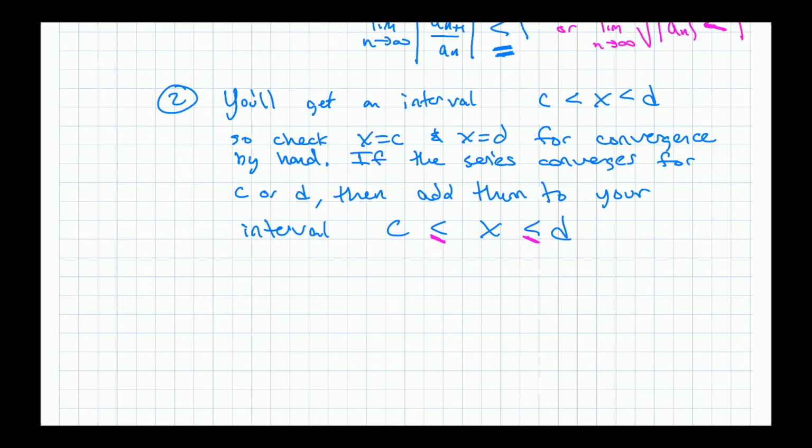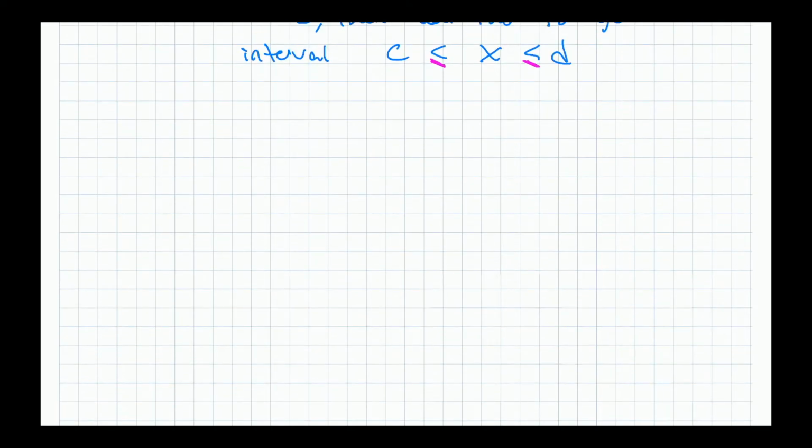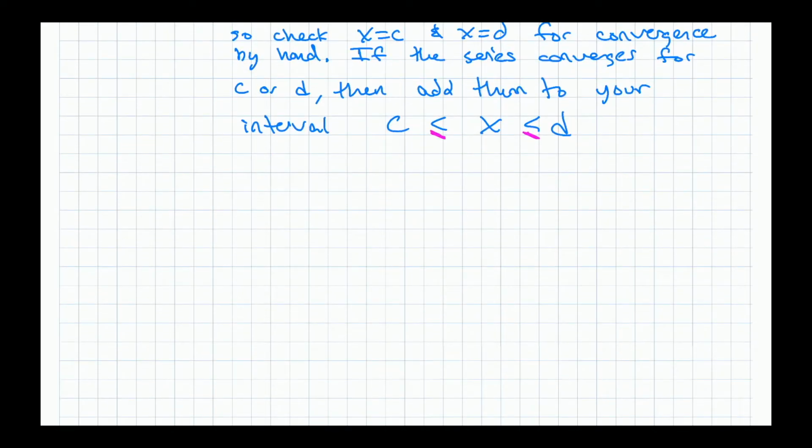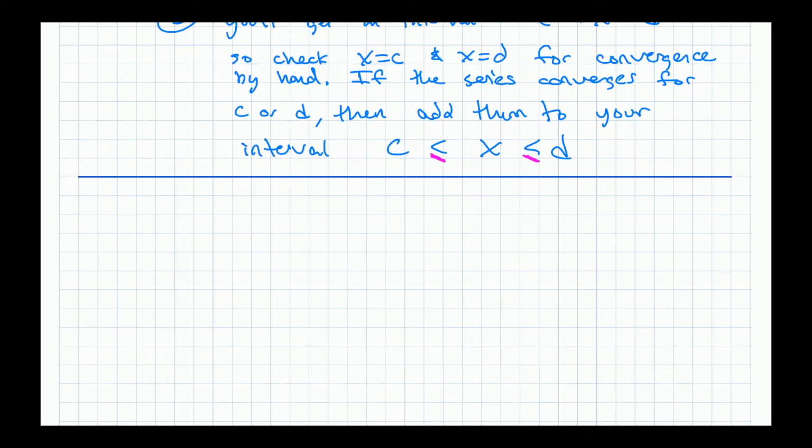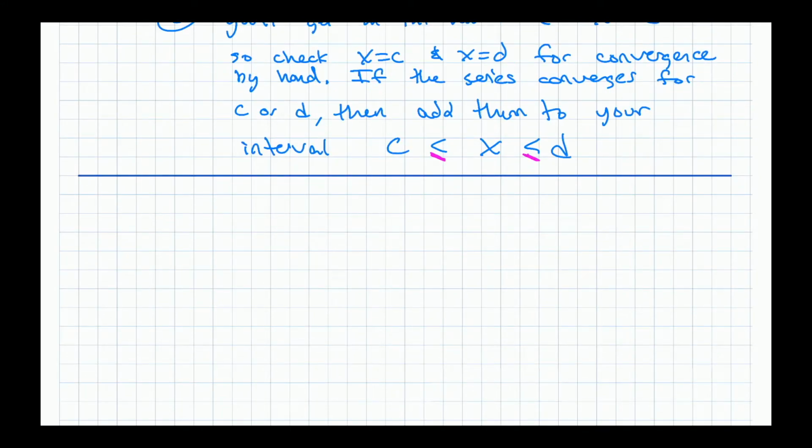Let's go ahead and try it out to solve a problem. Actually, before we do a problem, something that happens a lot is that you don't get both C and D included. A lot of times you get one side included and one side not, and that's due to alternating series versus non-alternating series.